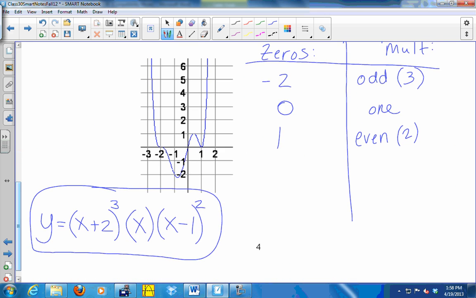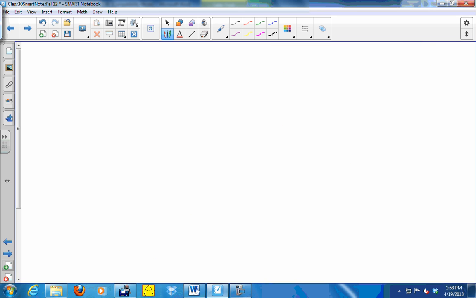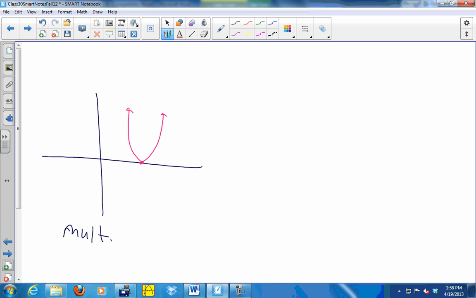Yes. It's for evens and odds. If you had, say, a 4th degree or a multiplicity of 4, so here's multiplicity 2. What one of these might look like. Looks like a quadratic, which is just going to be like something like that, right?